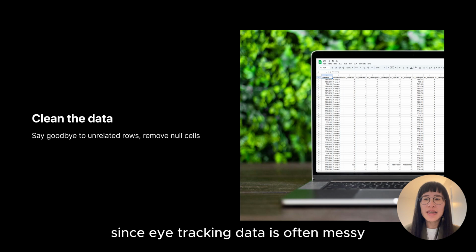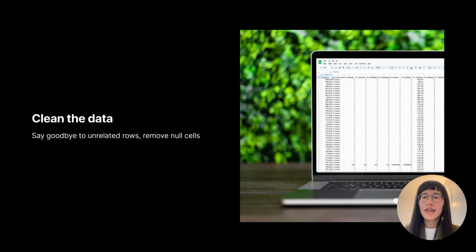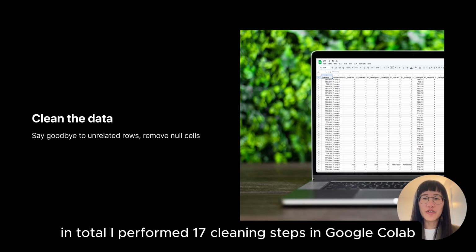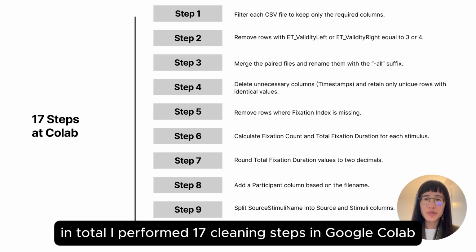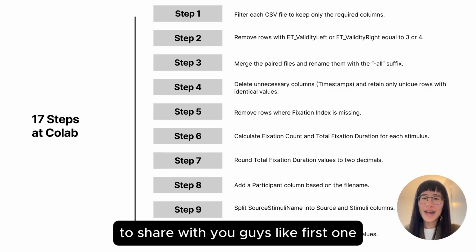Since eye tracking data is often messy and contains noise, this step was one of the most time-consuming parts of the project. In total, I performed 17 cleaning steps in Google Colab. I will highlight only the most crucial steps to share with you guys.